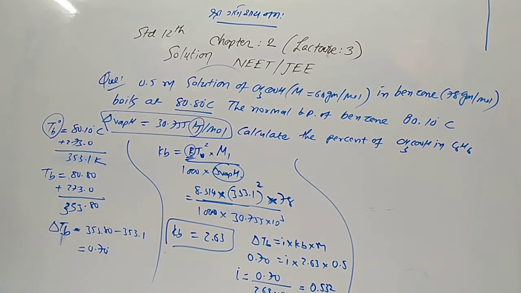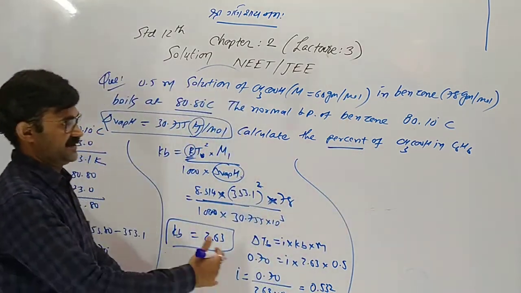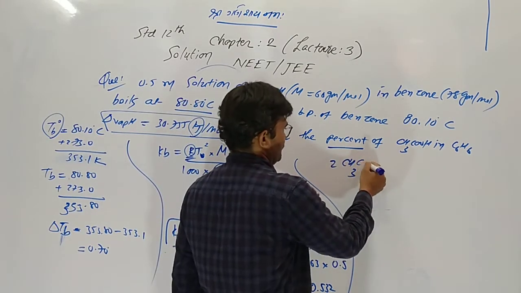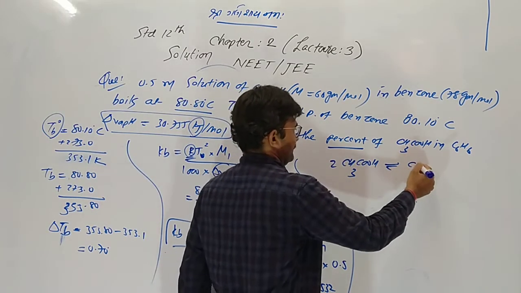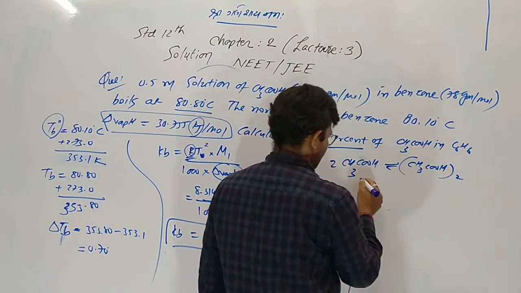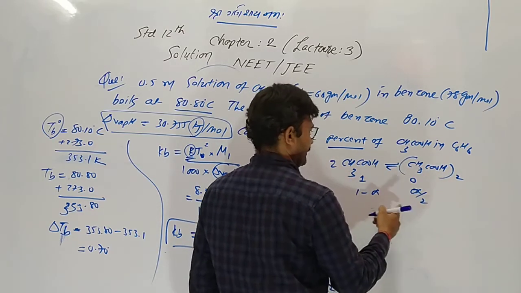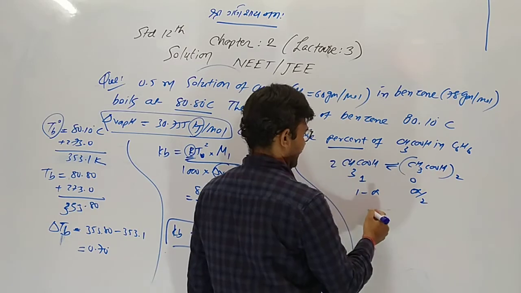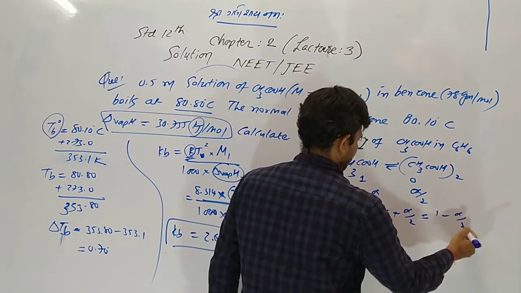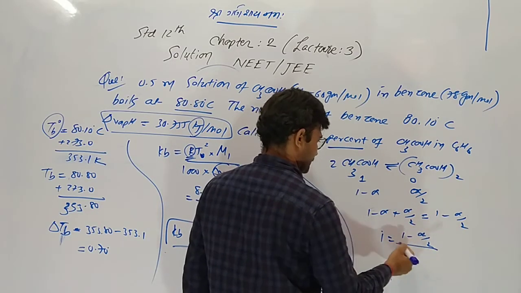But we have to define the percentage of association, alpha. So how can we define it? Yes, 2 moles of acetic acid combine. Here initially it is 1, then 1 minus alpha, and alpha by 2, since 2 particles make 1. So the total at equilibrium is 1 minus alpha by 2. So i is equal to 1 minus alpha by 2 upon 1.